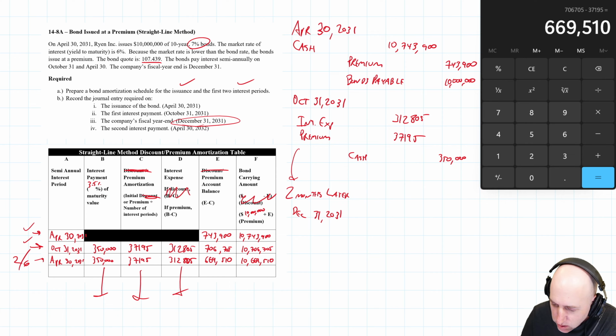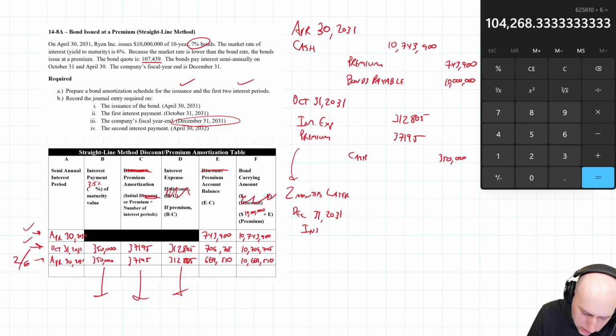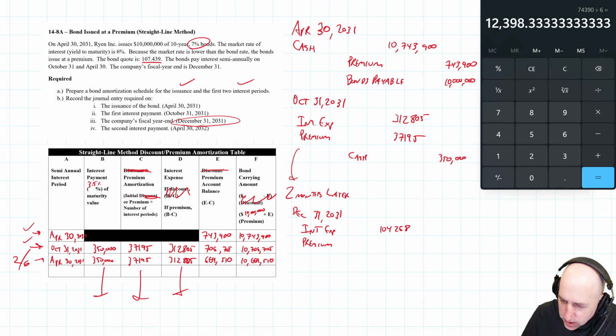Our interest expense, $312,805 times 2/6, 104,268. That's our interest expense, 104,268. Our debit to our premium amortization is $37,195 times 2/6, $12,398.